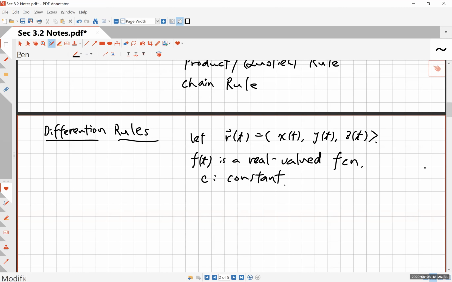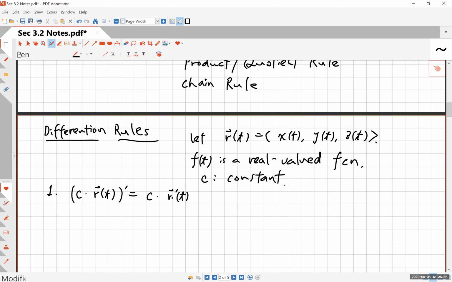And now everything I'm going to say is pretty much what you expect. So if you have the derivative of a constant multiple of a function, what do you think this is? C times the vector valued function. What is the derivative of a scalar product? Of course, it's a scalar product of the derivative.